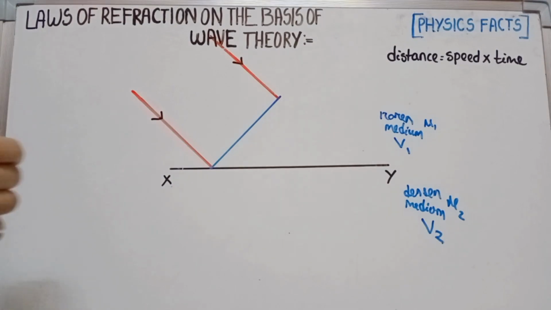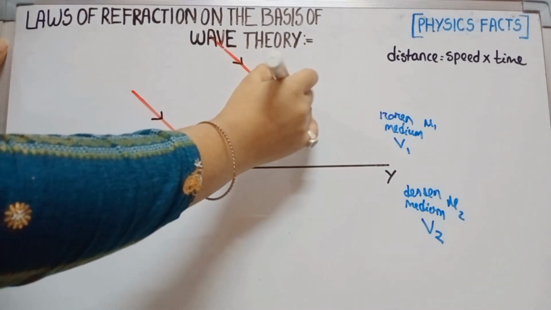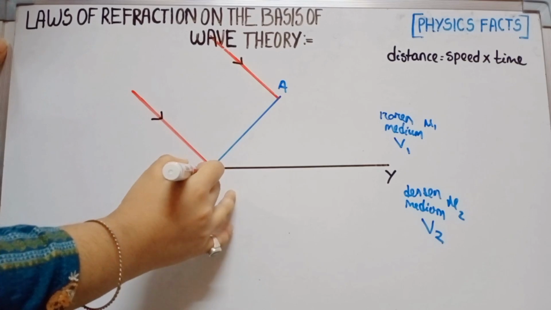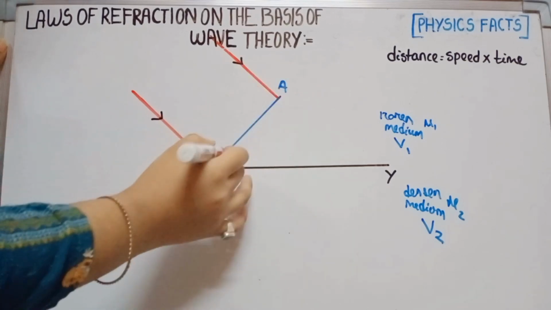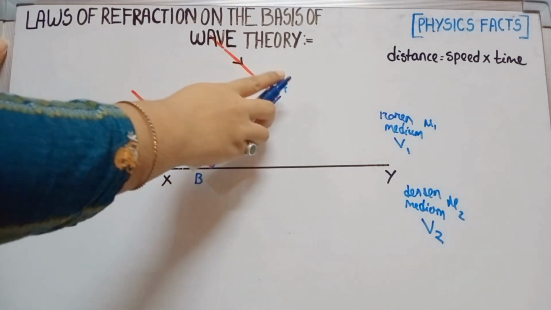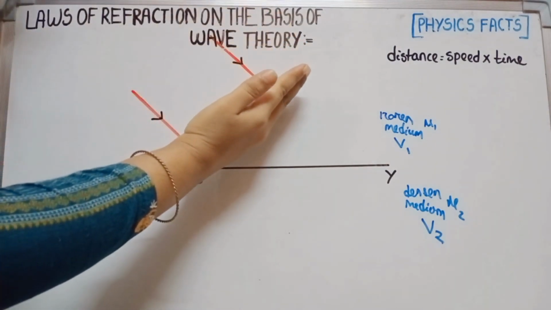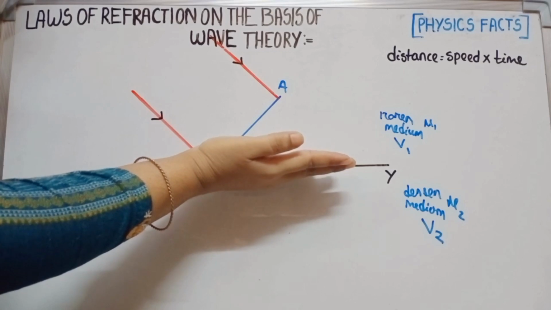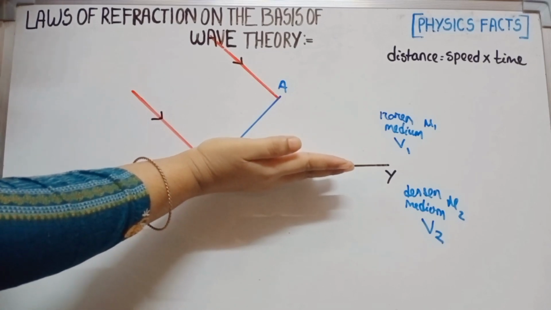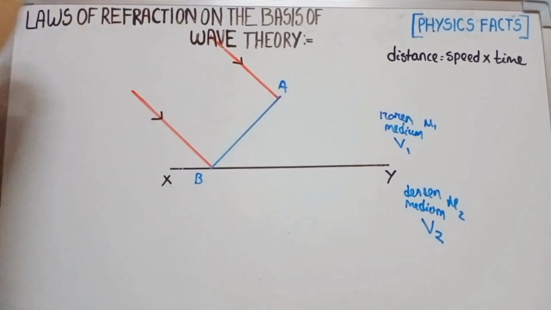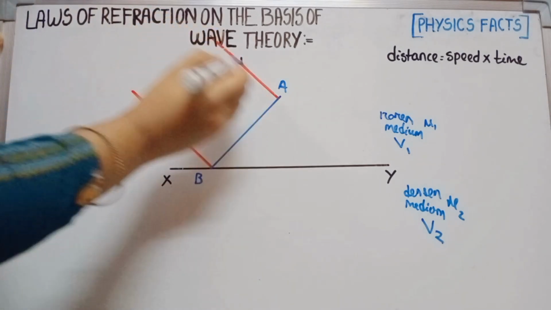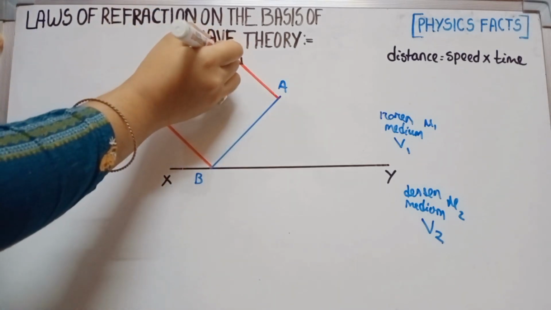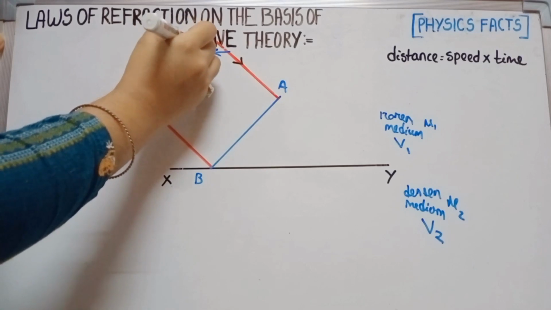Here I consider a plane wavefront AB. This plane wavefront is perpendicular to the plane of the page, and this refracting surface is also perpendicular to the plane of the page. Clear student? Now we consider these two as the incident rays.